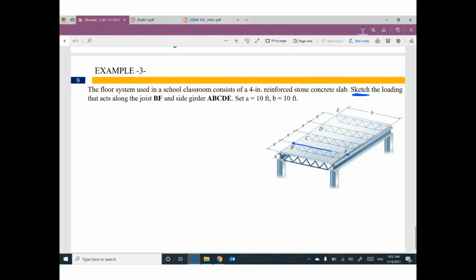This one. And the main girder or side girder A, B, C, D, E. This beam. If dimension A equal 10 feet, and the dimension B equal 10 feet.